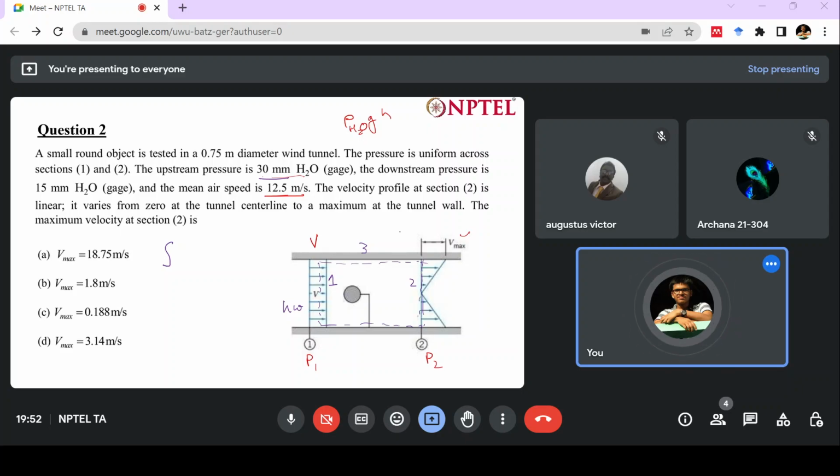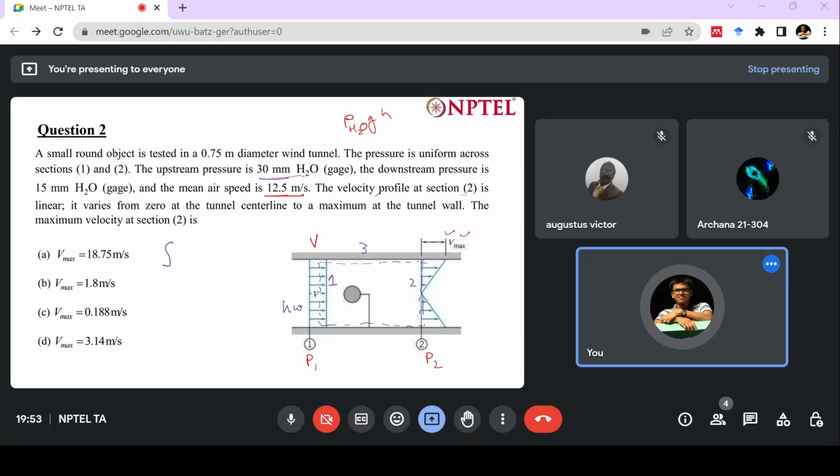The velocity profile at section 2 is given. What we have not done here is basically that we have used the continuity equation, and from the continuity equation we will definitely get a value of this V max if this profile is given.